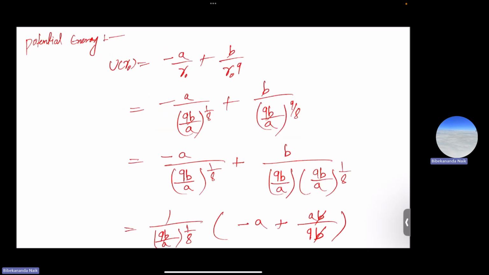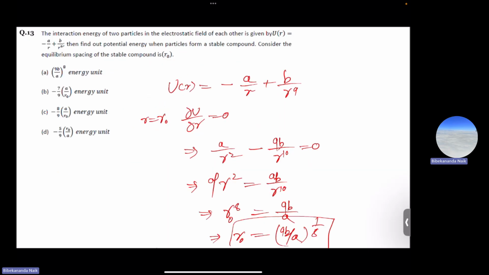So the correct option will be minus 8 by 9 A by R0 energy units. That is option C. In the previous question, we had calculated the equilibrium distance. However, in this question, we went a step further. We calculated the value of the energy at that equilibrium distance.